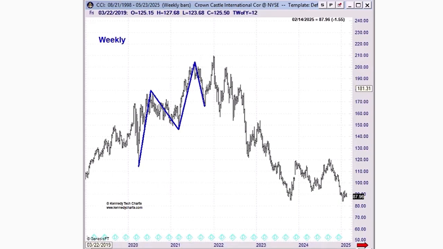Then you have the push higher here. Clearly, this advance is contained within converging lines, the 1-3 line, and the substructure of the moves does break down into three-wave moves. It's not as clearly evident as I would like. Nonetheless, it does meet all the rules and guidelines of an ending diagonal.